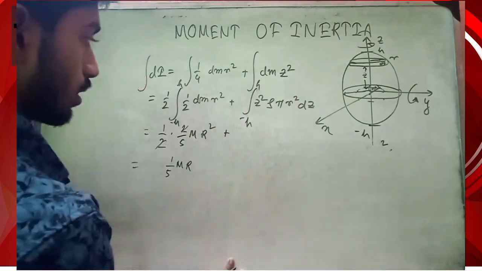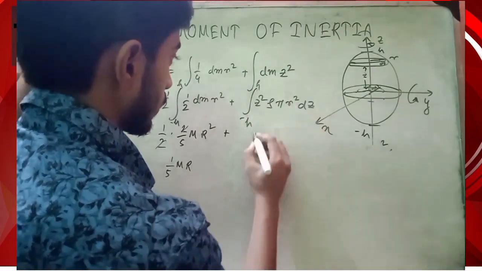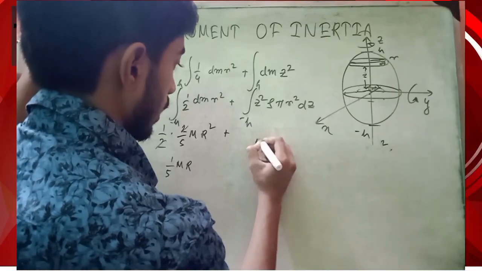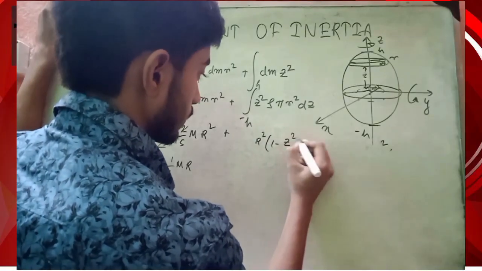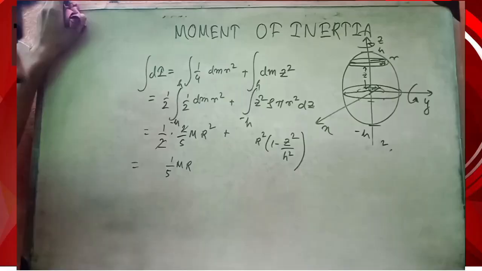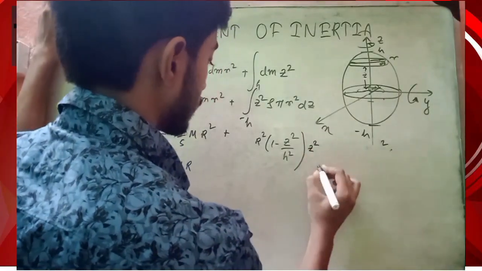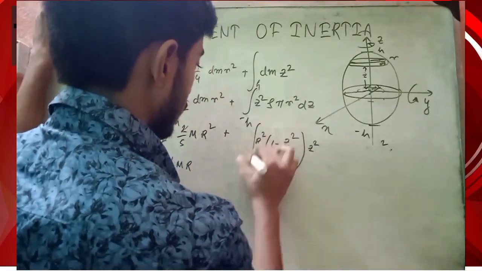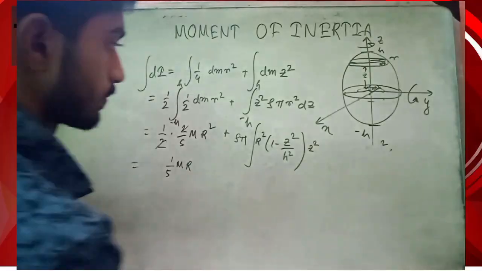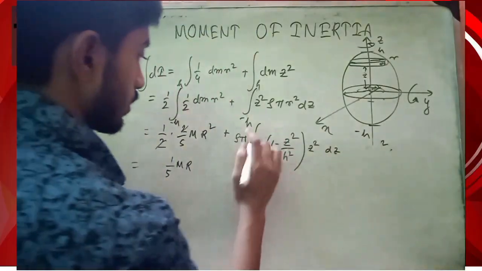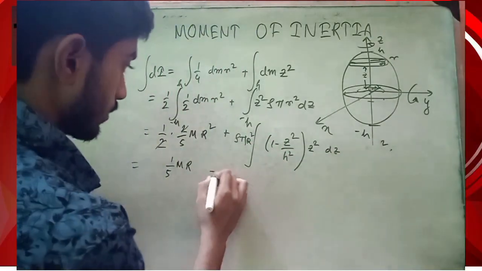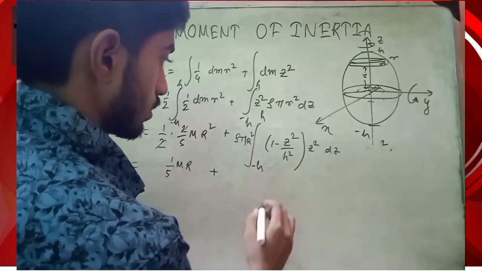So after integration, the r square is capital R square 1 minus z square by h square, into z square, integration rho pi dz. So r square is constant, so write it here, from minus h to h.